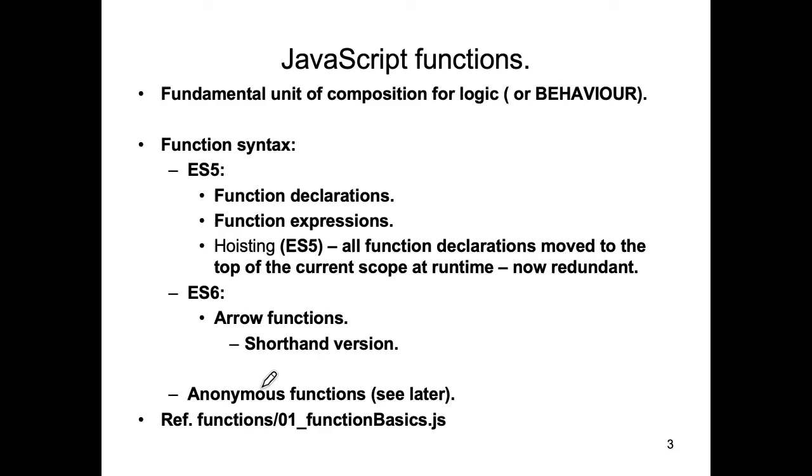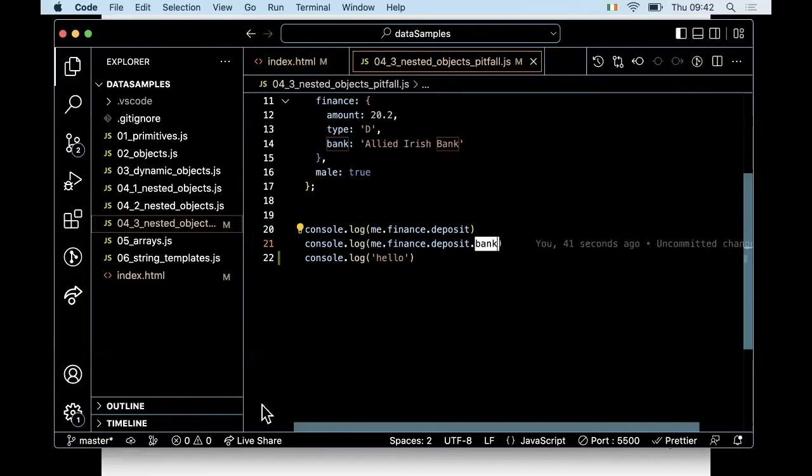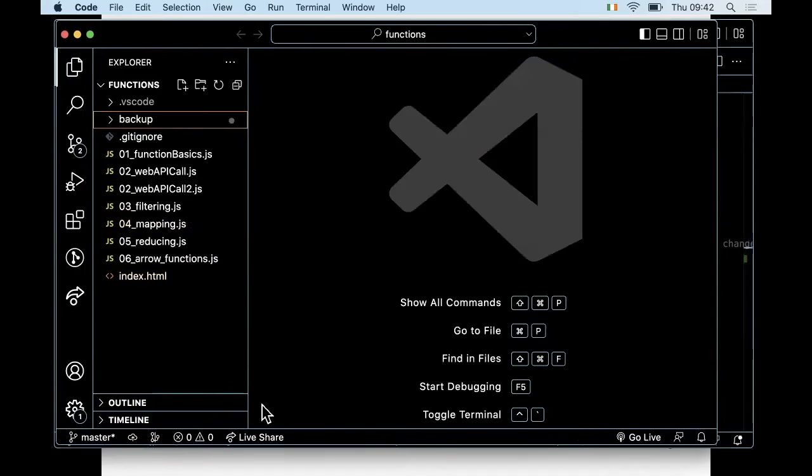Next week's lab, if I get to finish these slides, which is unlikely today, is all about JavaScript functions. When you download it, unzip it and import it into VS Code, what you get is this. You won't have a backup folder, but you have everything else.